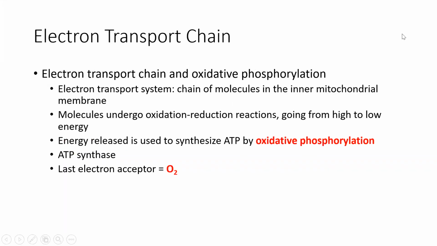So again, just to talk about the electron transport chain, I think we also summarized this when we left off. So we're actually going to get into the details of this and see what's actually going on.